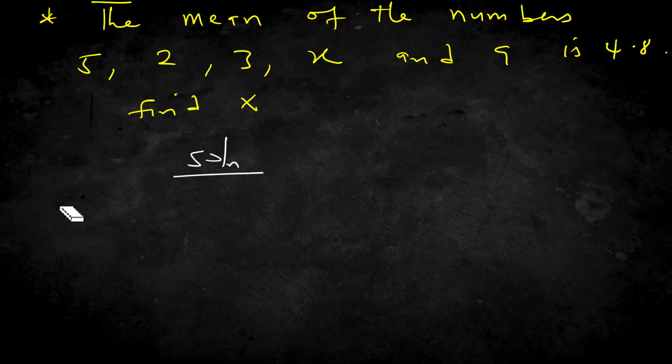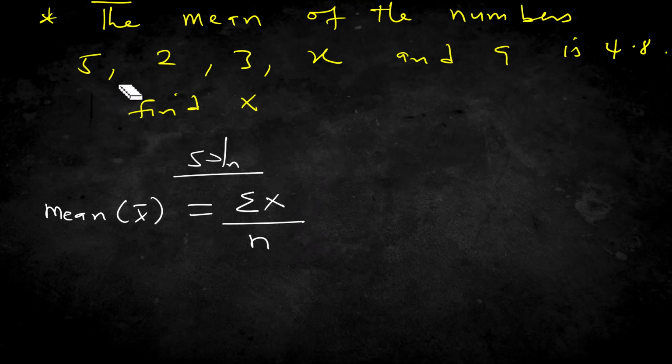Solution: now remember, mean is given by the summation of the items over the total number. The mean of the numbers here is 4.8, it means that the result is 4.8. That's the mean.